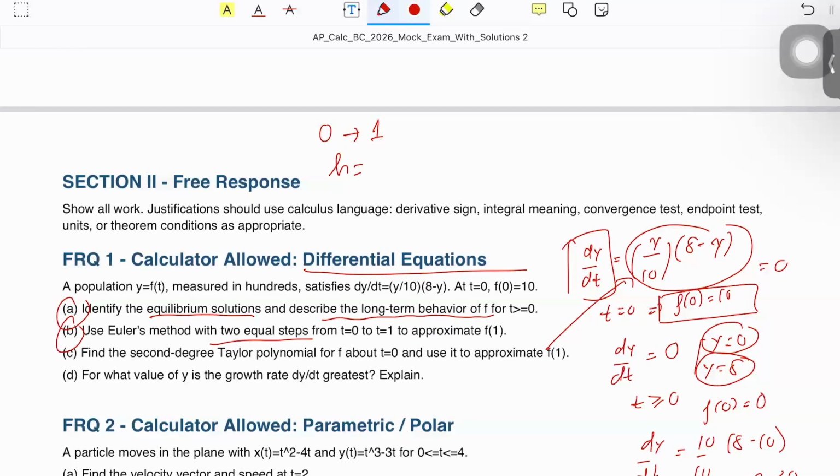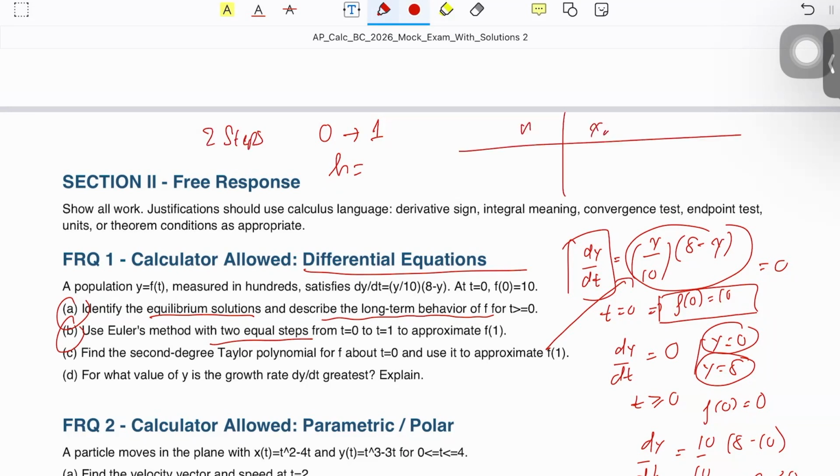The step is not 2, it's 0.5, right? So you need two steps.